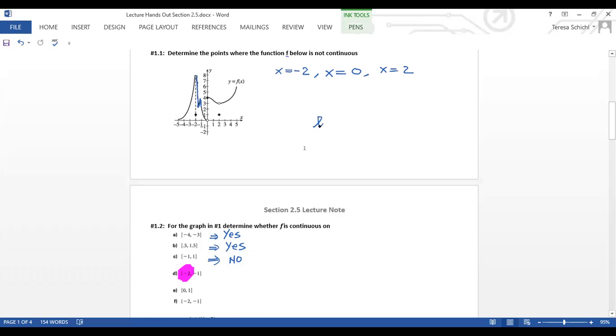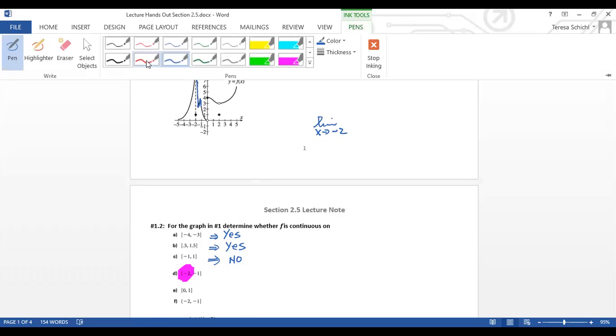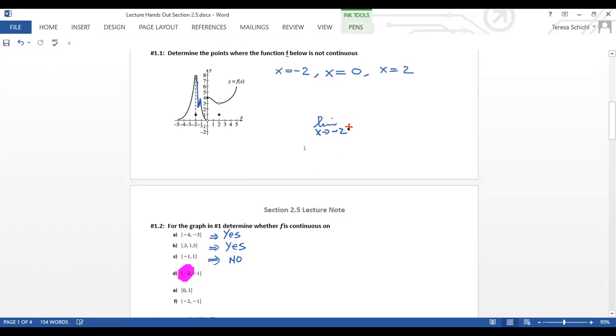That means the limit as x approaches -2. Because it's a closed bracket, based on our definition, we approach from the right. If I approach from the right, f of x is a little bit bigger, so what is my limit going to be? My limit is going to be infinity.